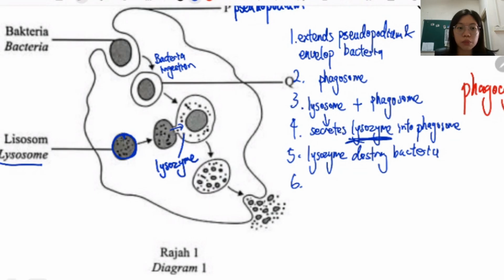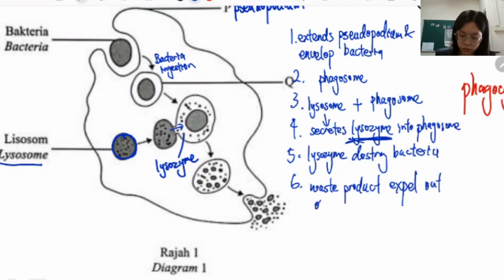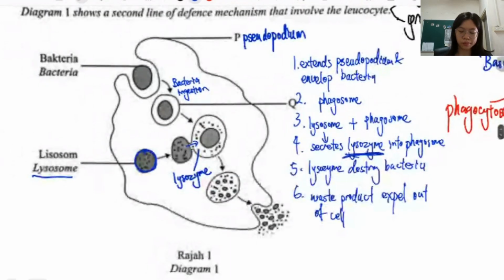Some of the bacterial material will be absorbed into the cytoplasm, while some of it will just be expelled, because it's unwanted, undigested material. So the waste product will get expelled out of the cell. These are the whole process of what happens in phagocytosis, which is a lot of info already.